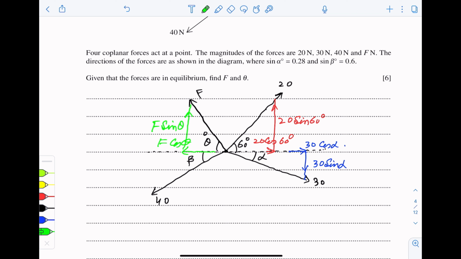Similarly, we resolve the 40 Newton force. This component and this component. This is 40 sin beta. This component is 40 cos beta. Now the question is ready.